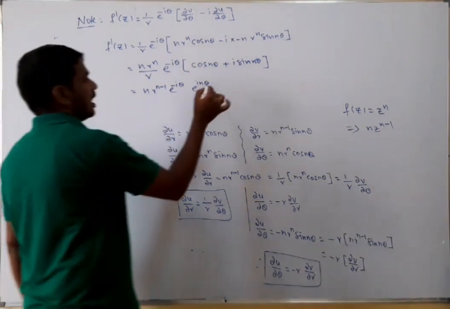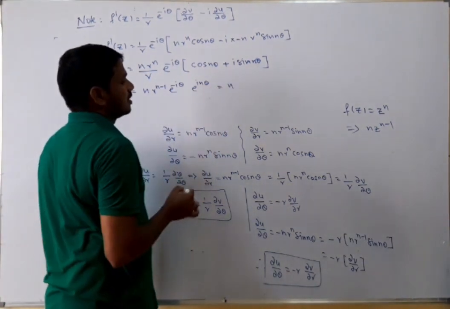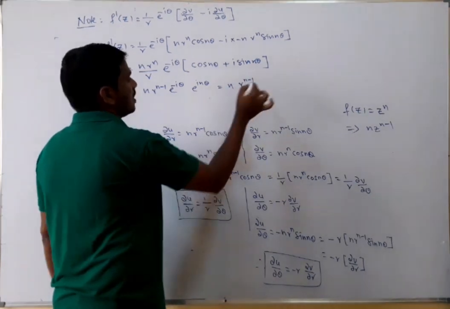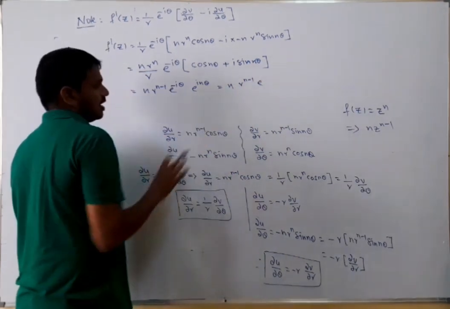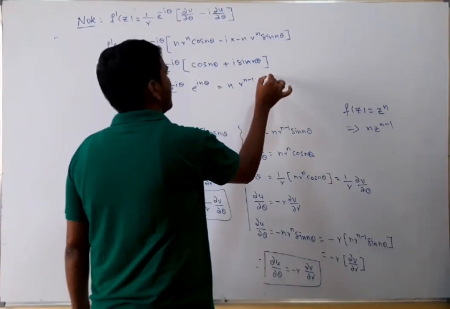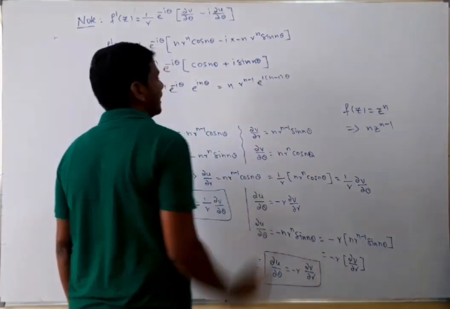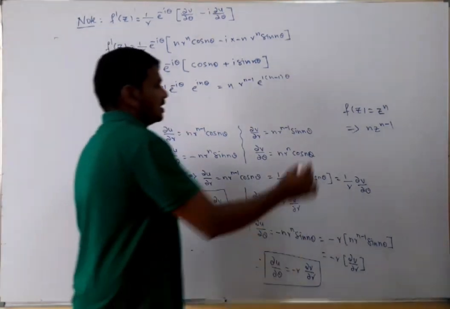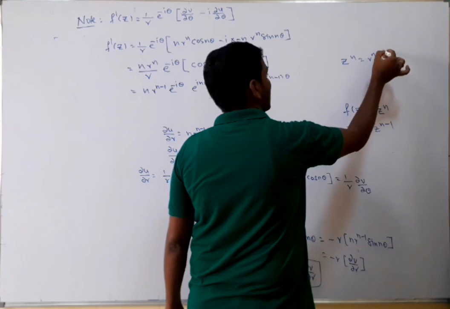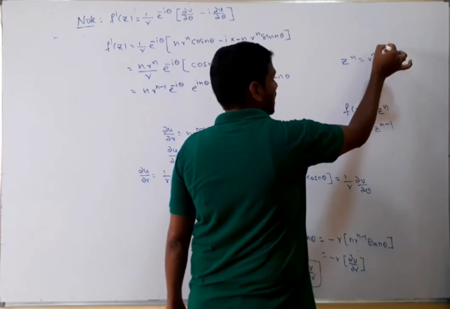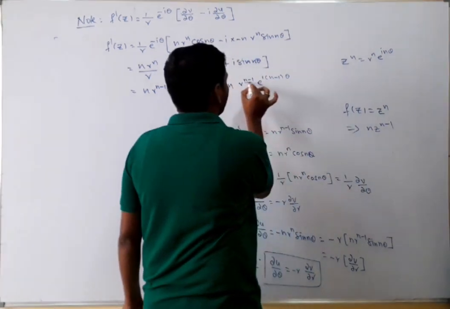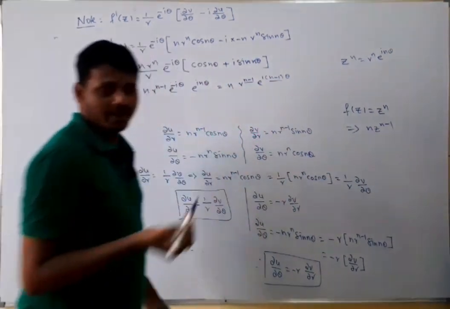This can be written as n, r to the power of n minus 1, e to the power of, the bases are equal, so we add the powers. Here it is i into n minus 1 into theta. Is it clear? Since we wrote z to the power of n is equal to r to the power of n into e to the power of i n theta, instead of n, what is there here? n minus 1.